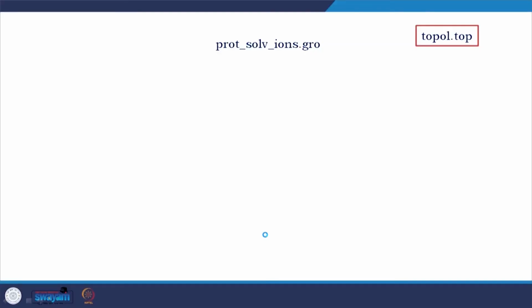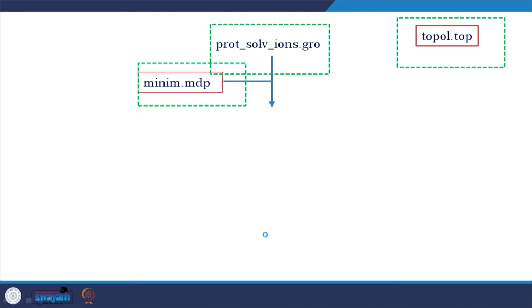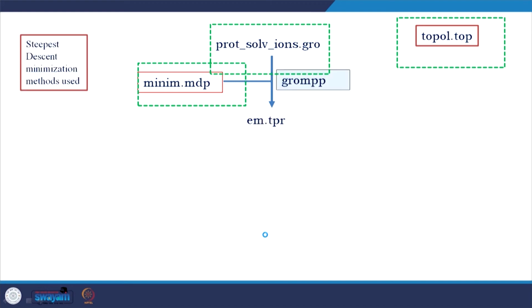With protein_solv_ions.gro, we have taken these three. If you remember, it is a similar process: the minim.mdp, the .gro and the .top file are converted to .tpr using the command grompp. Here, the steepest descent minimization method is used, which we have already discussed.